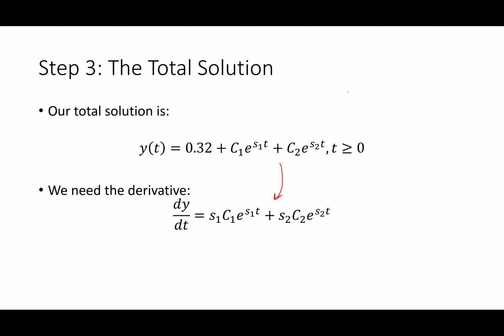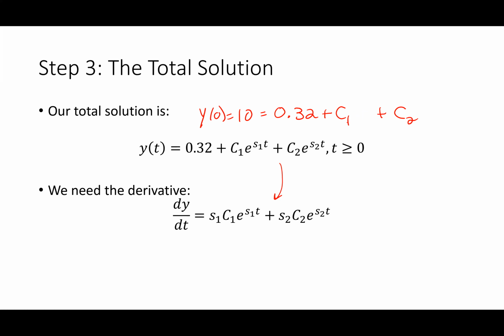At time t equal to 0, I have y of 0 equals 10, so 10 has to be equal to 0.32 plus C1 e to the 0 plus C2 e to the 0. What do we know always about e to the 0? It's 1. So those guys are gone. So I have 10 equals 0.32 plus C1 plus C2.